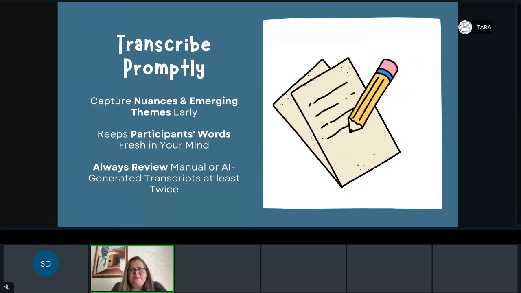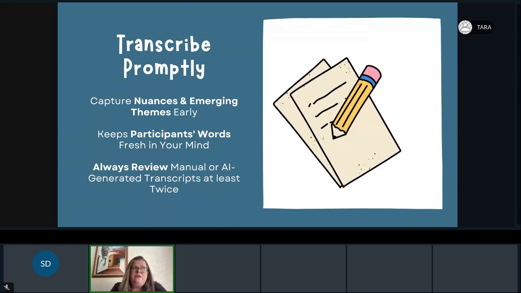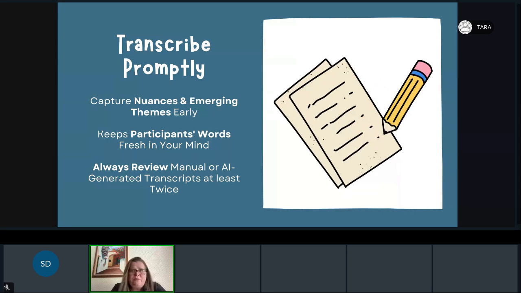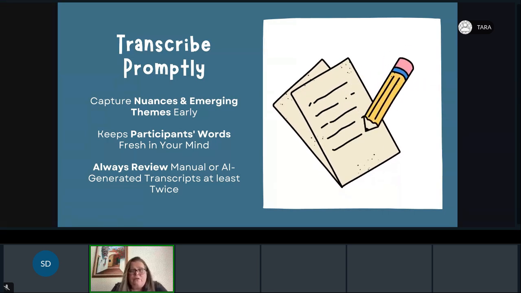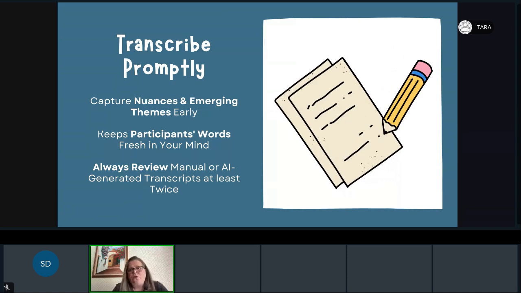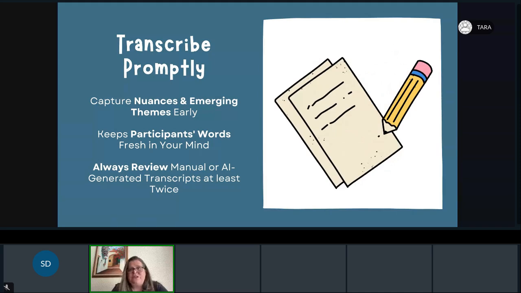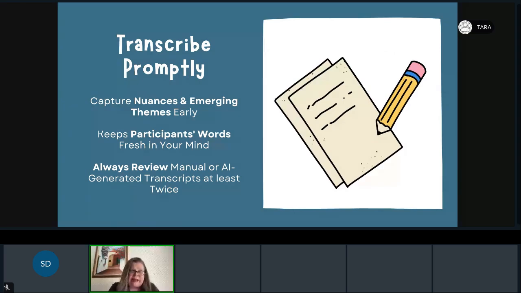If your participants have heavy accents, or if you are interviewing them in a loud and noisy place, transcription gets a lot more difficult and you may have to manually transcribe those. So just know, regardless of whether you use manual or AI transcription, you have to go through those transcripts at least twice once they're done and compare them to the recording so that you know that they're accurate.